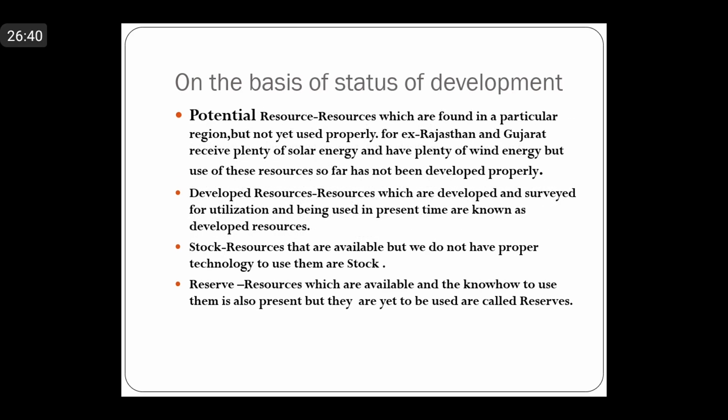Now, another classification is your status of development, that the resource can also be classified on the basis of status of development. The first one is your potential resources. What is that? Resources which are found in a region but have not been utilized.